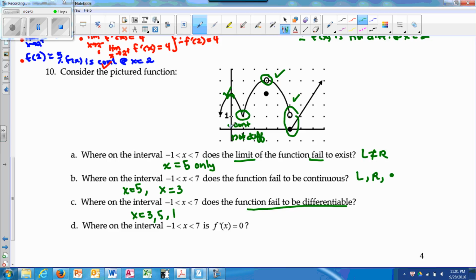Fail to be continuous means we have left, right, and the dot. So obviously, if the limit doesn't exist at x equals 5, we definitely have a jump discontinuity there. We also have a limit existing, but then not continuous because of the dot at x equals 3.